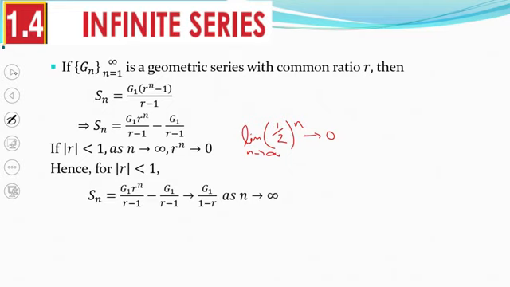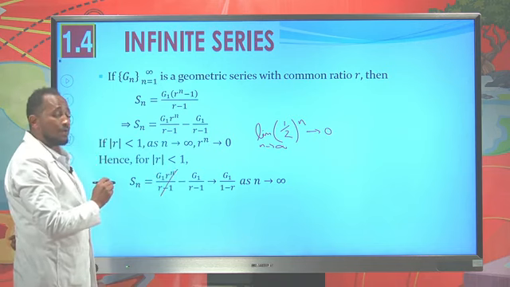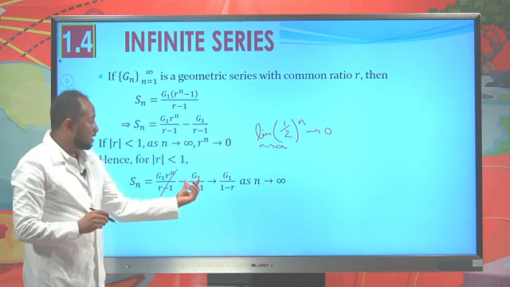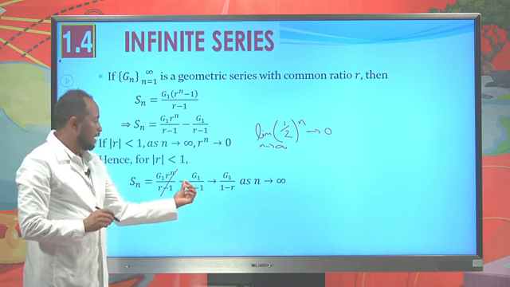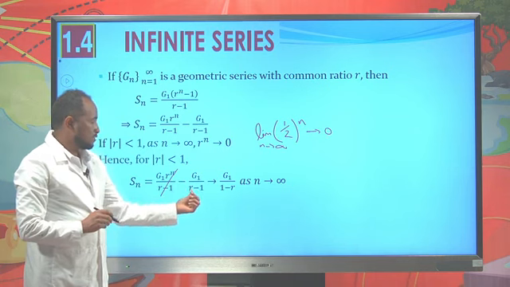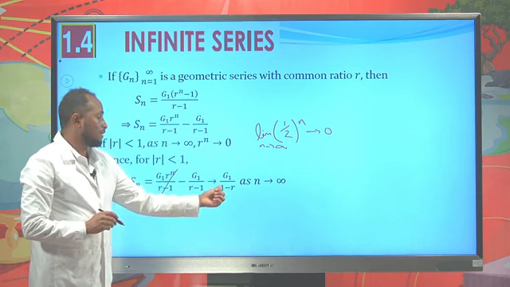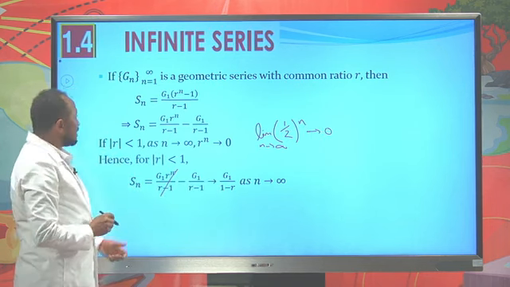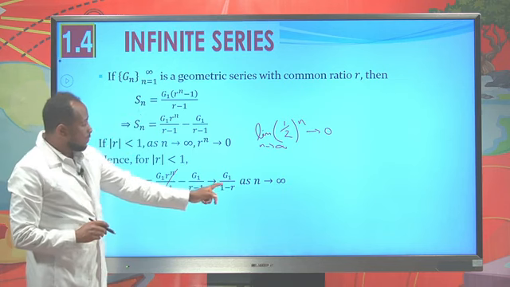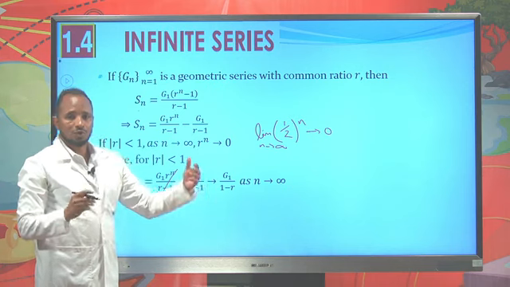So this part becomes 0, and the remaining part is only minus g1 over r minus 1. Taking the minus to the denominator, you get g1 over 1 minus r. So this Sn will go to g1 over 1 minus r as n goes to infinity.